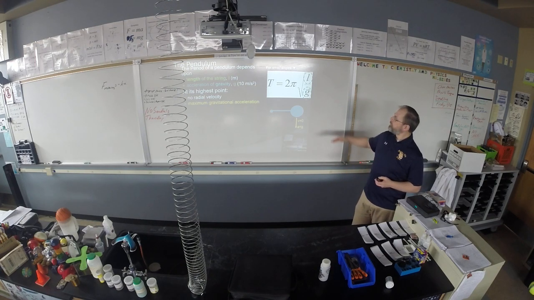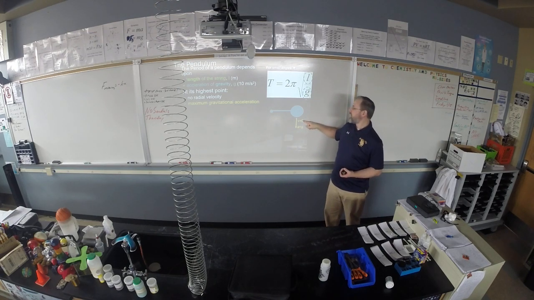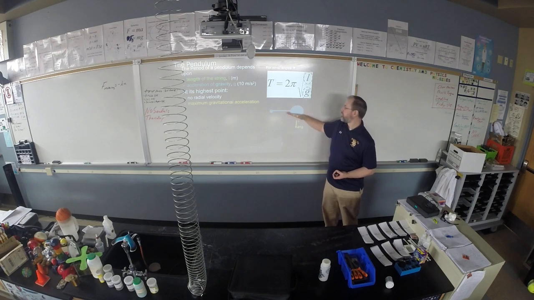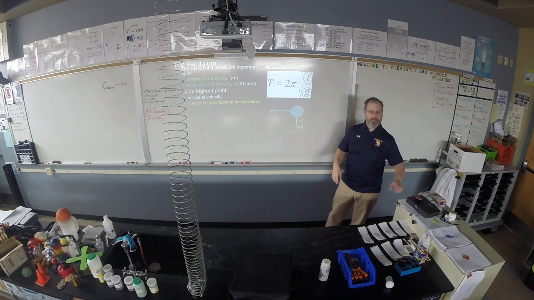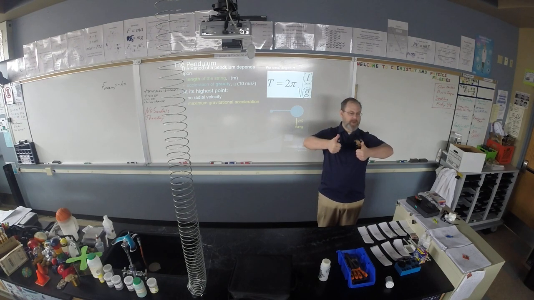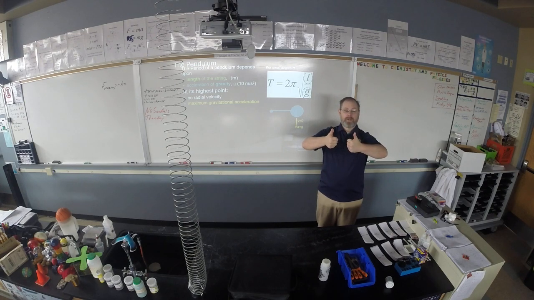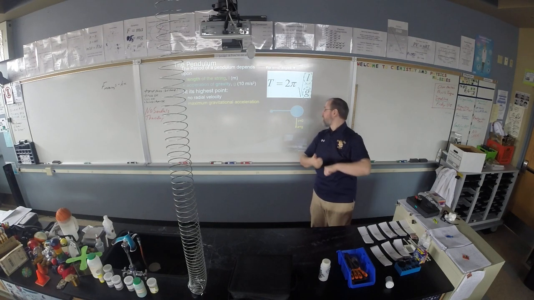And then as the pendulum falls towards the equilibrium point, how is the v changing? The v is increasing because there's a constant acceleration. And remember, way back to August, when v and a are the same sign, what is happening to v? It's getting bigger. And when v and a are opposite signs, what's happening to v? It's getting smaller.